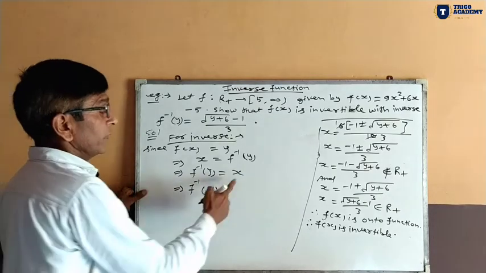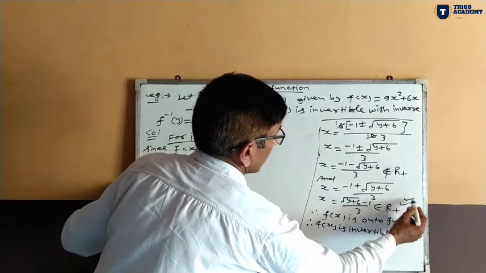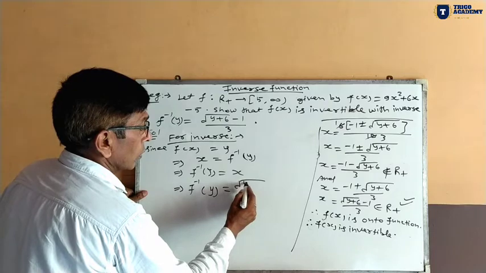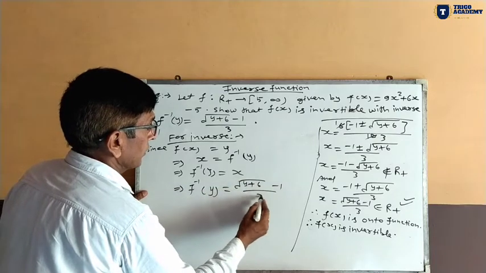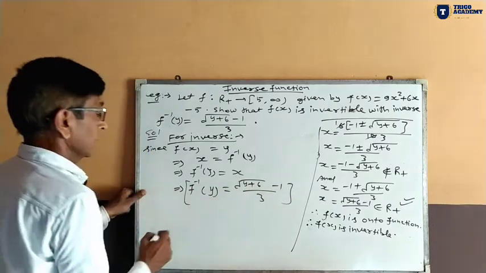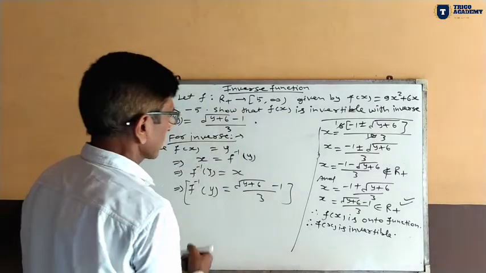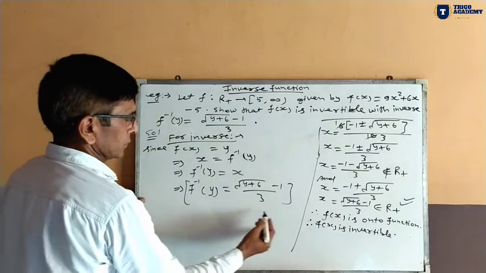put the value of x from this portion, root y plus 6 minus 1 upon 3. So this is the inverse of this function f(x), which we have to prove.